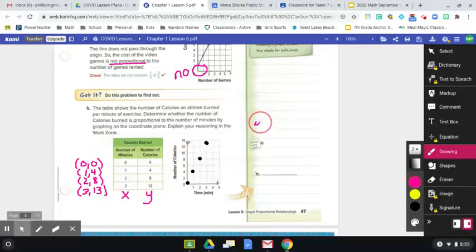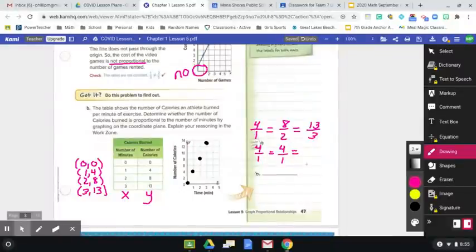So 4 calories in 1 minute, is that equivalent to 8 calories in 2 minutes? And is that equivalent to 13 calories in 3 minutes? Well, 4 over 1 is the same as 4 over 1. 8 over 2 is still the same as 4 over 1 simplified, so far so good.